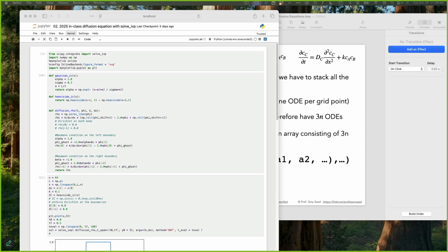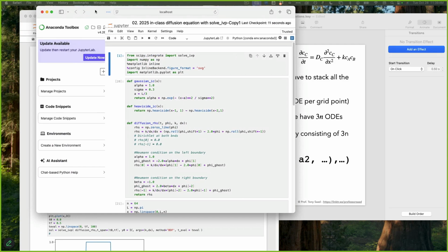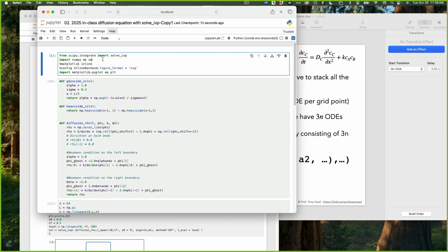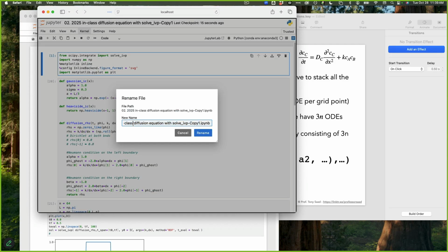Duplicate whichever notebook you want to begin with. I'm going to duplicate the one where we had only diffusion. So this is essentially exercise number 4 in class, diffusion reaction system of equations.